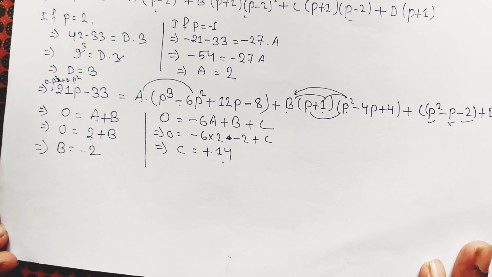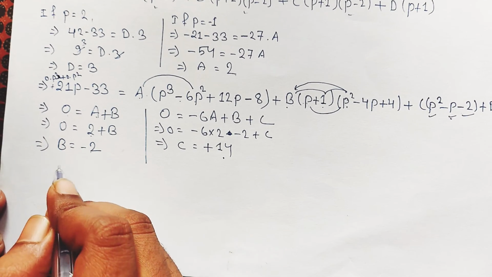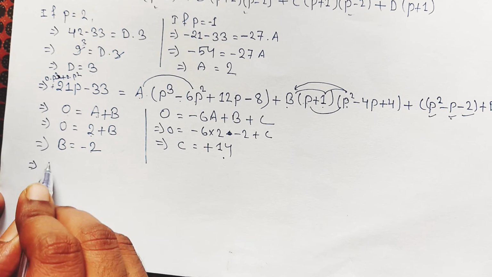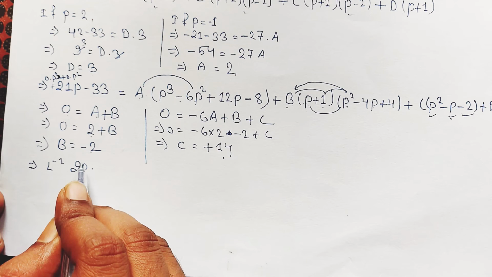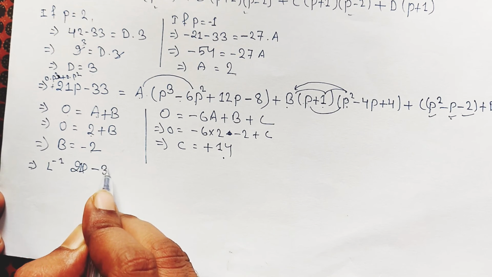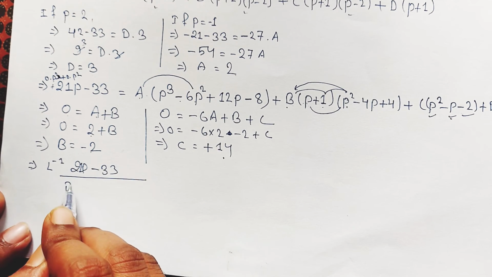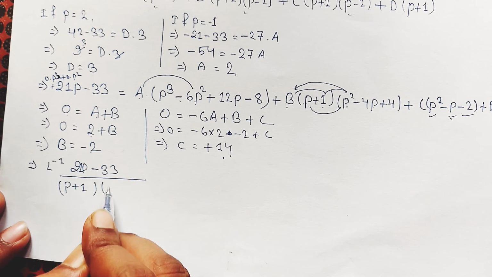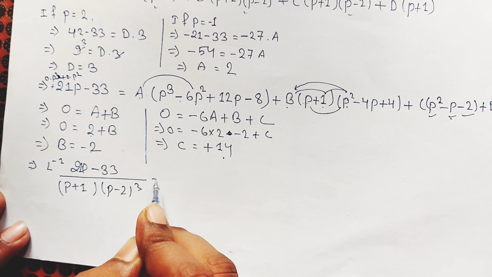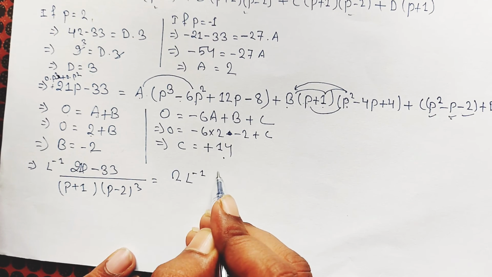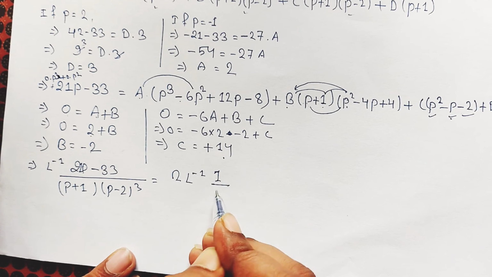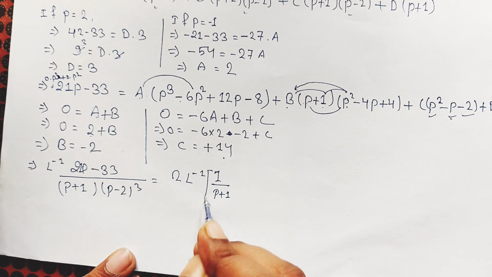Now we are going to rewrite the equation, or our question you can say. The inverse Laplace transformation of (21p - 33) upon (p + 1)(p - 2)^3 will be equal to a, meaning 2 times the inverse Laplace transformation of 1 upon (p + 1).